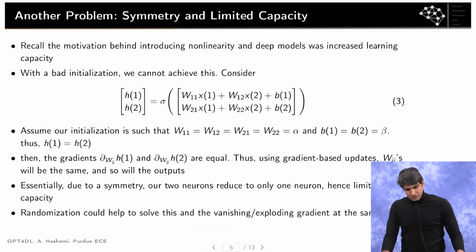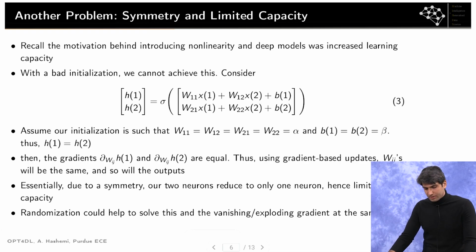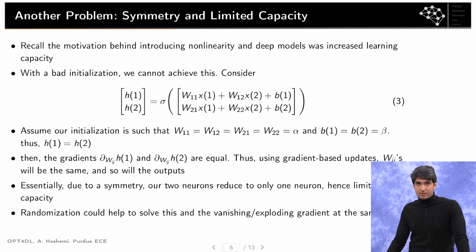All right. So in addition to these two problems, there is another problem that motivates the use of randomness when initializing neural networks. And that's the problem with symmetry and potentially limiting the learning capacity of our models. Recall, we had this motivation behind introducing nonlinearity and also deep models to make sure that we are increasing the learning capability.